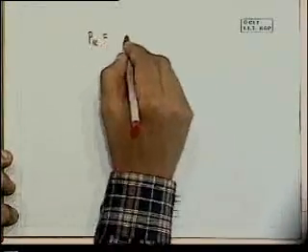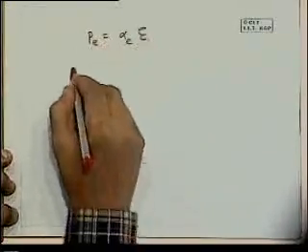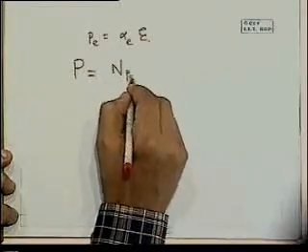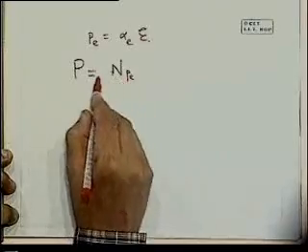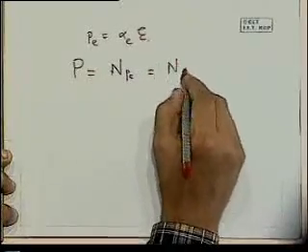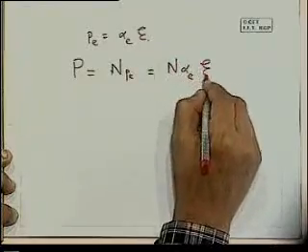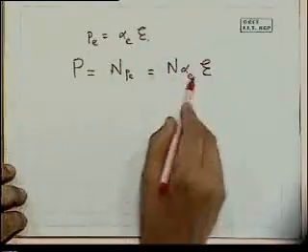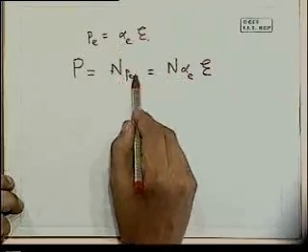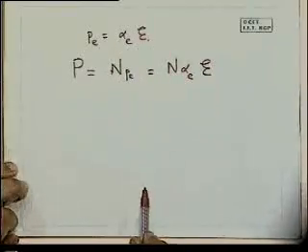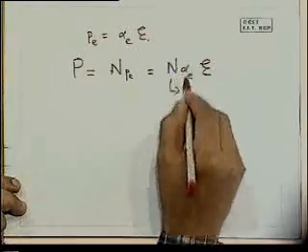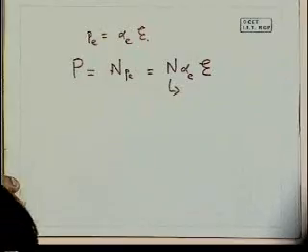Given that PE is equal to alpha E, we can then write that polarization is equal to n times PE, whatever was that average value, times n, and so we can write it as n times alpha E. I'm simply substituting for PE here in terms of alpha E and the field. And n is again as before the number of molecules per unit volume.